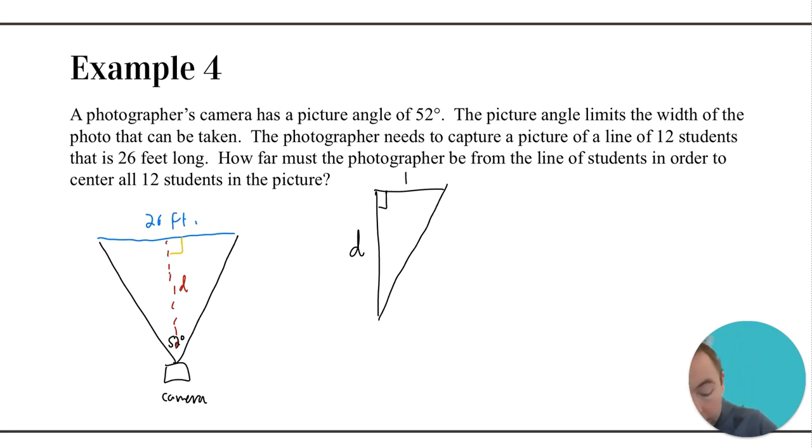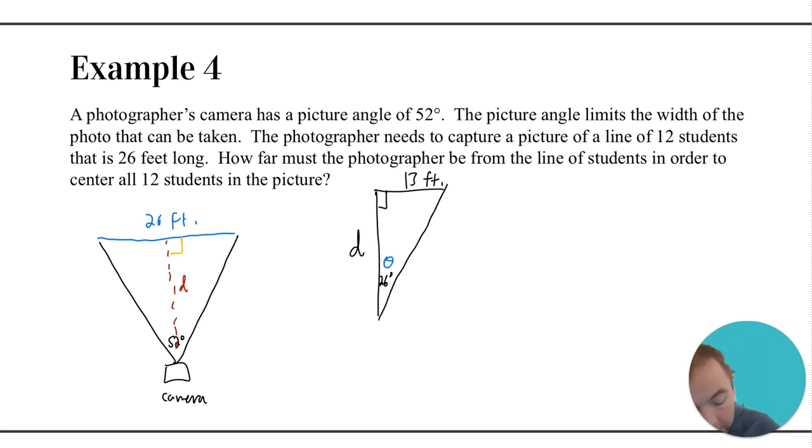But then also this right here has to be 13 feet because it's going to be half of the length of that line of students. And then also that 52-degree angle gets cut perfectly in half, which means that this is going to be a 26-degree angle right here. And this is actually sufficient information to solve uniquely for what the distance d would be using a little bit of trig.